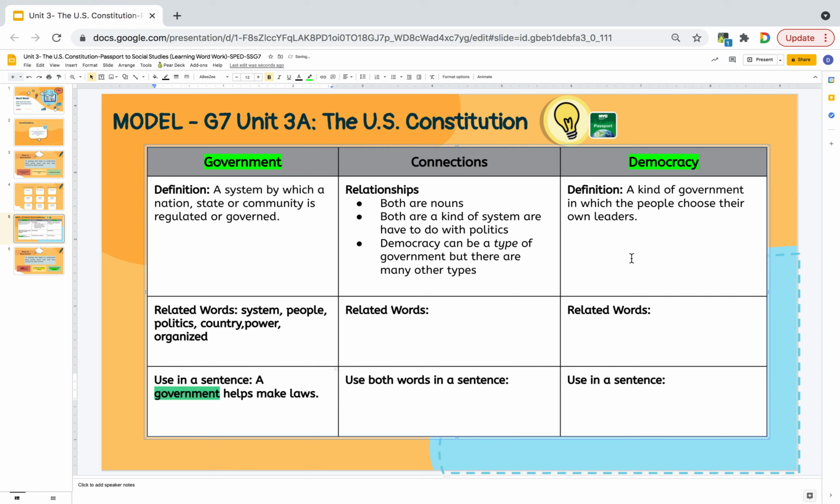Now I'm going to move over to my second word, which is democracy. And here I'm going to identify all the words that I think of when I think of democracy. When I think of democracy, I think about people, politics, government, voting, fairness, and how democracy is supposed to be equal or equality.